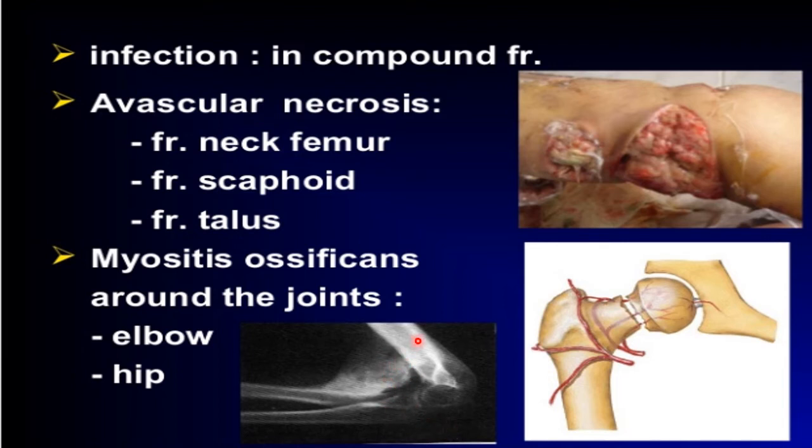That, of course, leads to limitation in the movement of this joint, because it can become very, very stiff. Myositis is inflammation of the muscle, that may be secondary to the trauma that actually broke the bone at the time of injury. And ossificans means bone deposits in this inflamed muscle. So this would lead to restriction of movement.